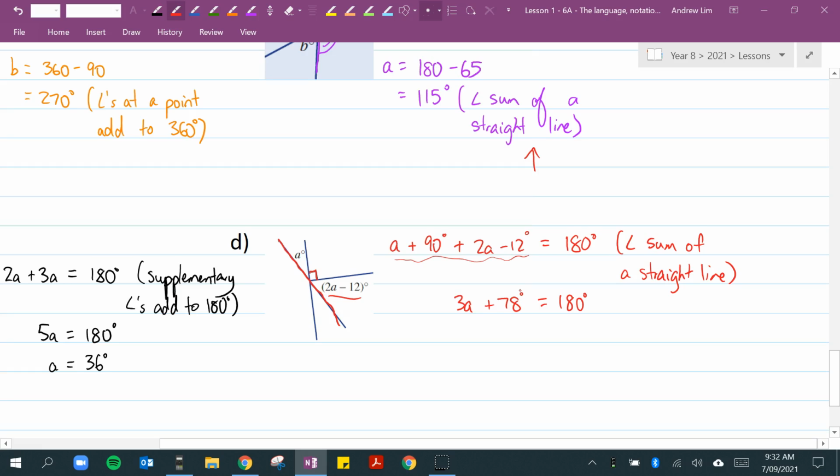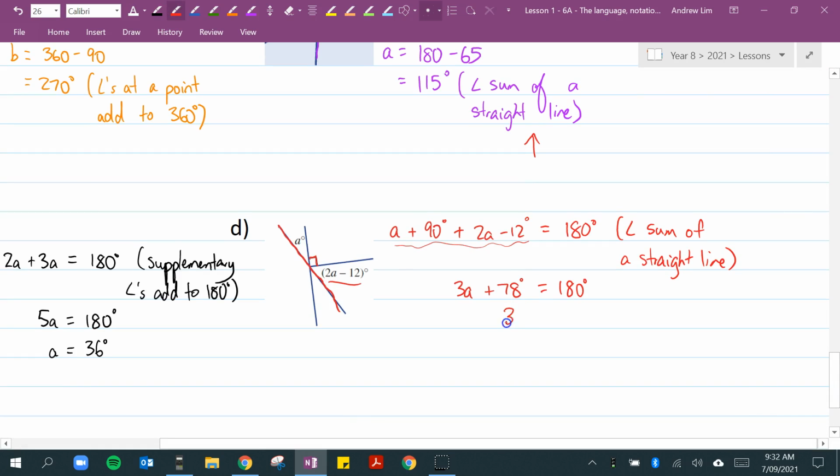I'm now going to minus 78 from both sides. 3a is equal to 102. And now I can divide both sides by 3, which gives a equal to 34 degrees.